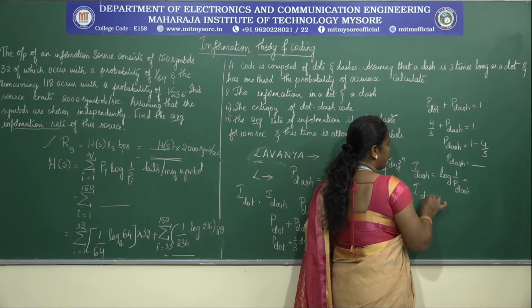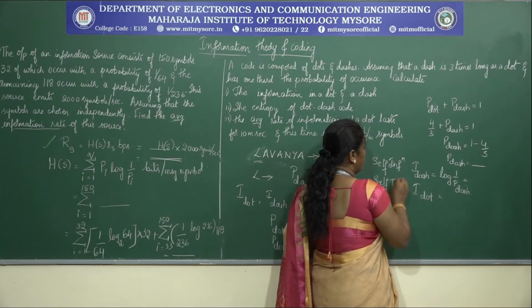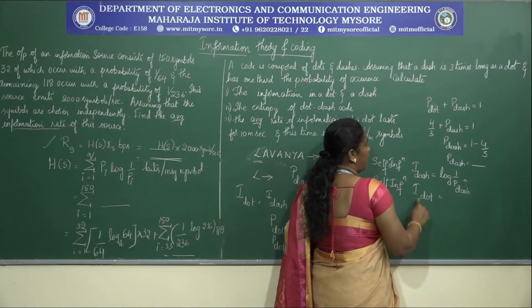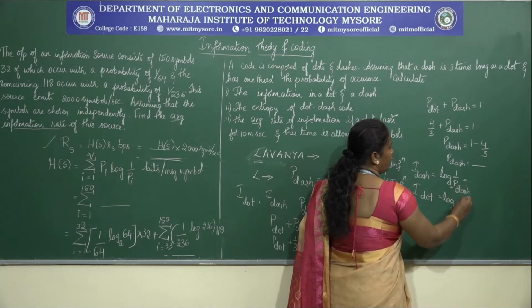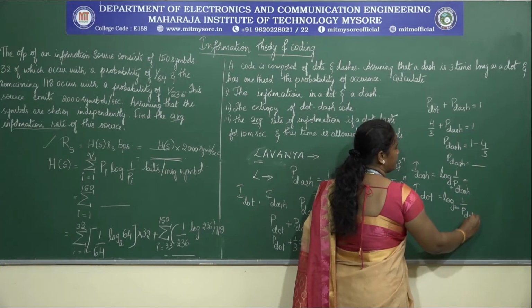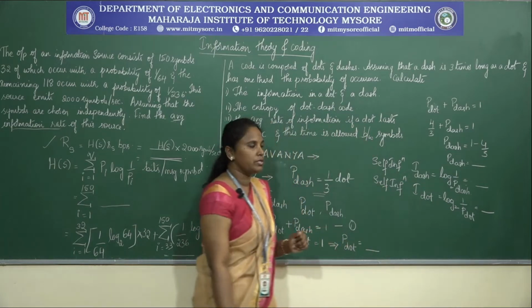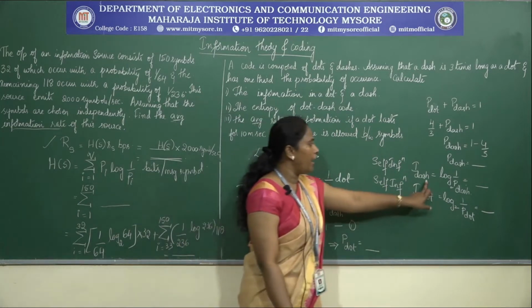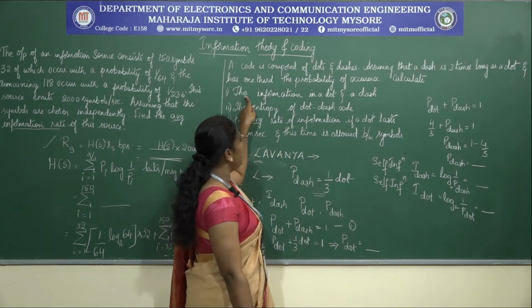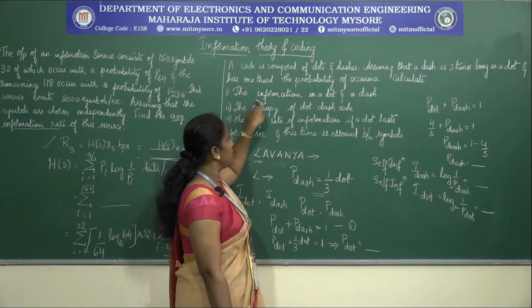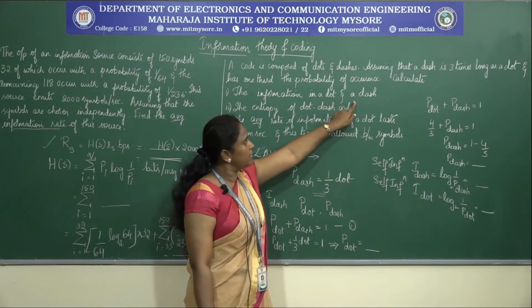Similarly, the I dot value, that is the self information of dot, is log base 2 of 1/P dot. If you substitute, you will get the individual self information of I dash as well as I dot. Now we have arrived at the first solution of the problem, that is the information in a dot as well as a dash.